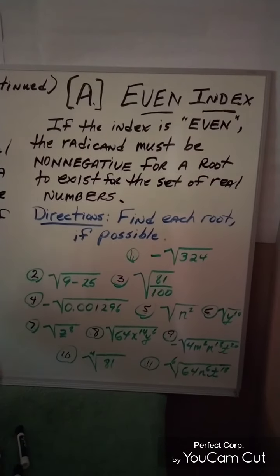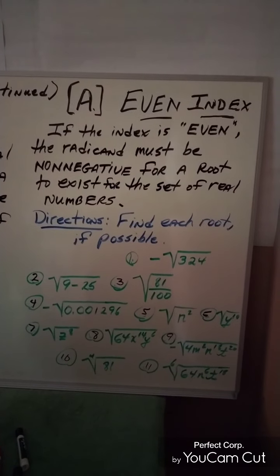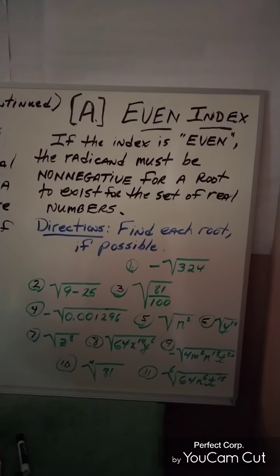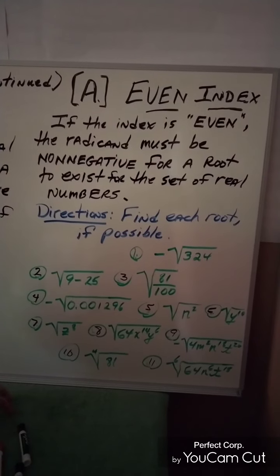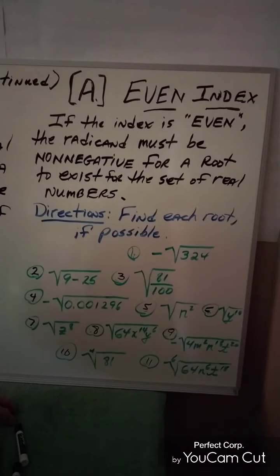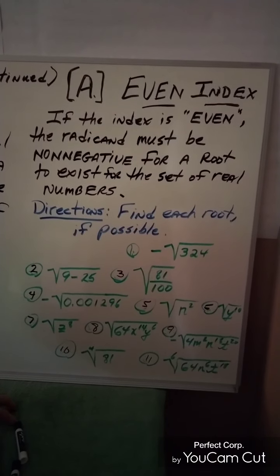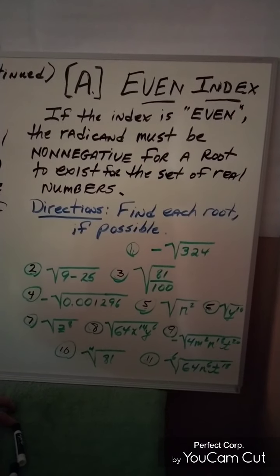Now, a short and sweet statement is this: if the index is even, the radicand must be non-negative for a root to exist. The radicand cannot be negative if the index is even.